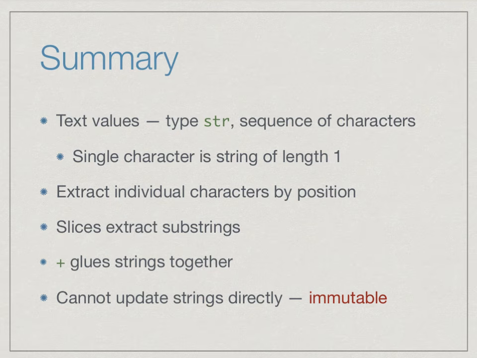We can use slices to extract substrings. And we can glue strings together using the concatenation operator plus. But strings are immutable, so we cannot take a value assigned to a string name and update it in place. We can create a new value by manipulating it using slices and concatenation, but we cannot directly update it because strings are immutable.